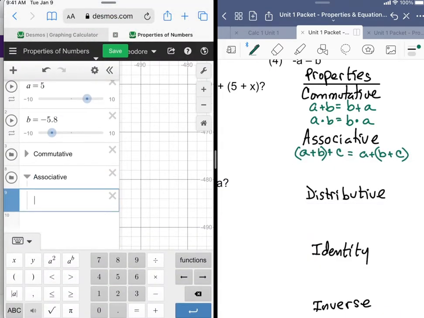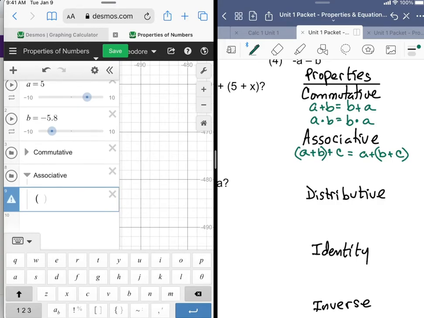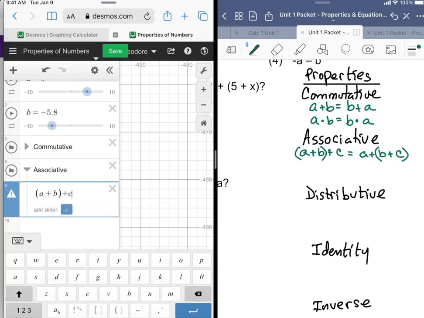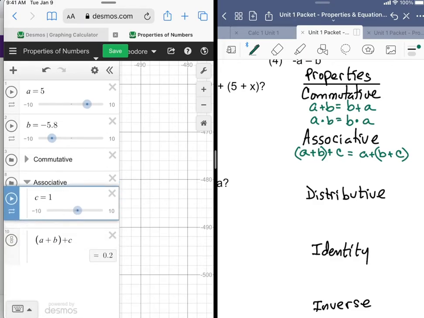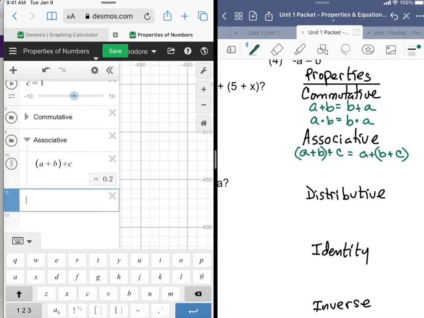So I'll just pop these rules in, but you see now I have a C. All right, so I'm going to say parentheses A plus B. And you're like, there's no slider for C. Well, once I type in the C, Desmos won't know what it is. It'll ask me for a slider. And I'll say, absolutely, I would love to put a slider in there. All right. Who doesn't like sliders?